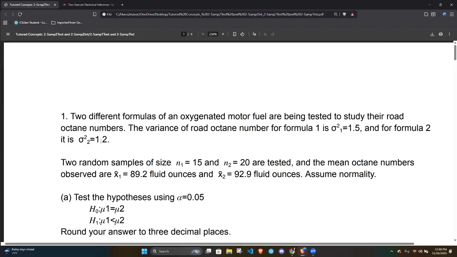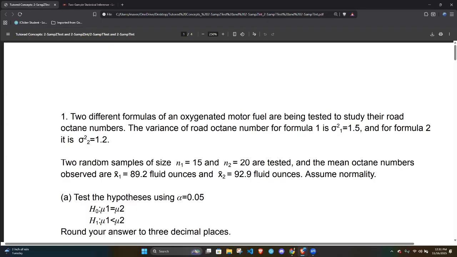And we can test the hypotheses by putting all of the necessary information into our calculator under the two-sample z-test function under stats. And I'm using a TI-84 Plus CE calculator. So this is going to be under STAT, under TESTS, and under number 3, 2-SampZTest, under Stats.